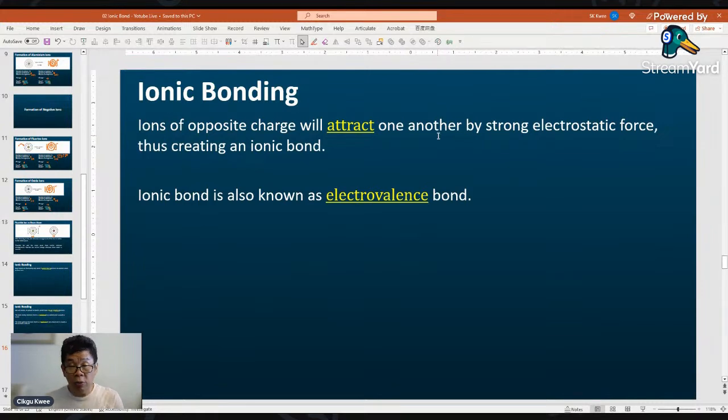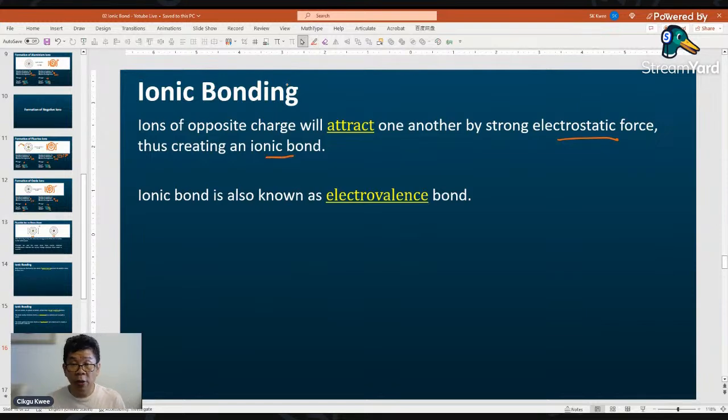One donates electrons, one receives electrons, so one will become positive, one will become negative. Since the charges are opposite, they will form a strong attractive force, a strong electrostatic force. This attraction force creates the ionic bond.